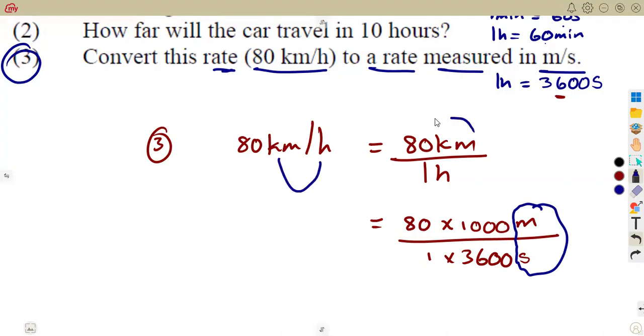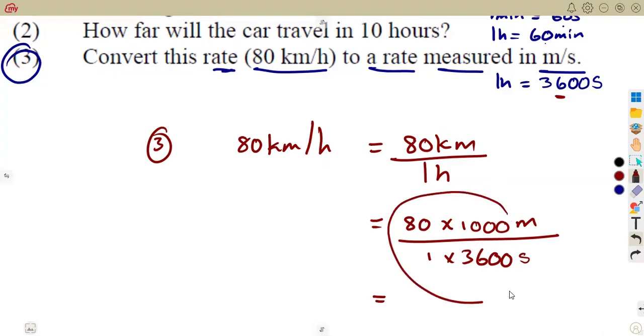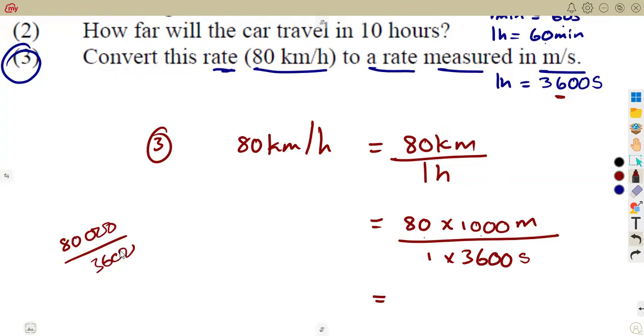Kilometers per hour simply means kilometers over hour. That is what it means. So we can reduce this one so that it is taken per each second. We just have to divide this. All right. So that was going to be 80 times 1,000, which is 80,000 over 3,600, meaning you can simply use your calculator to divide these two.